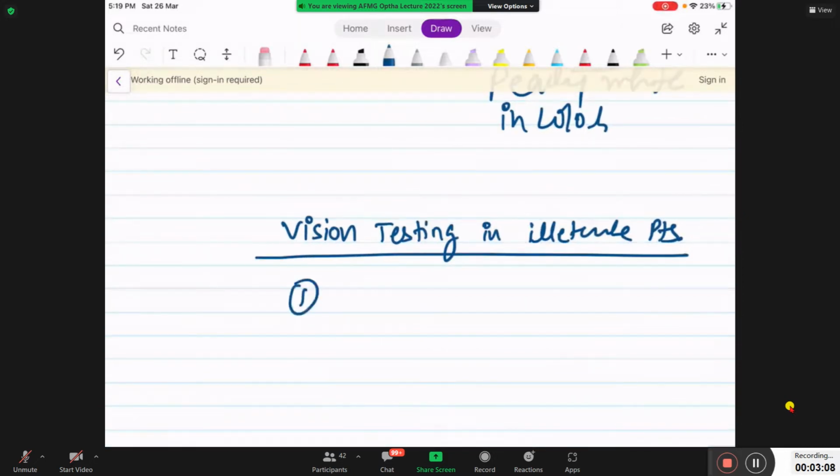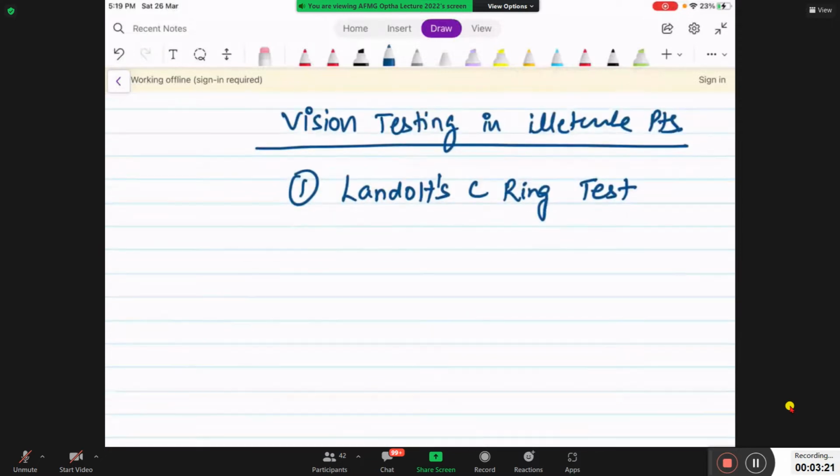So which chart do we use for illiterate patients? The name is called Landolt's C-ring test. It looks like this.